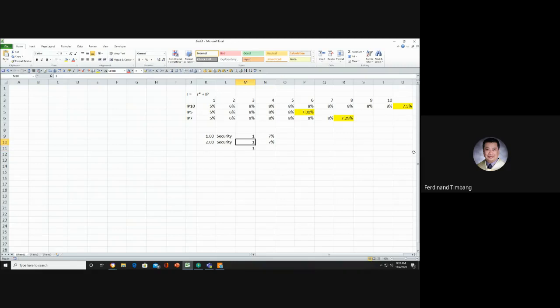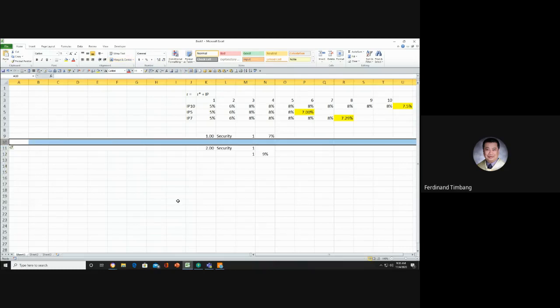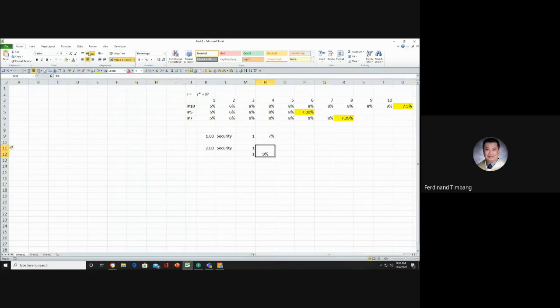Ngayon, halimbawa, ang rate nito for 2 years. Halimbawa, kumita raw ito ng 9% for 2 years. So, kung 2 years security, will earn 9%.